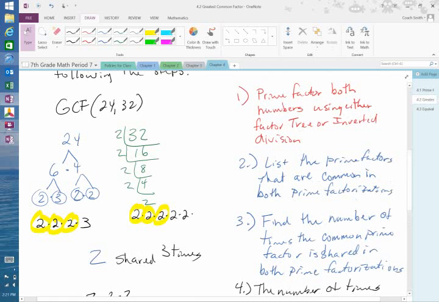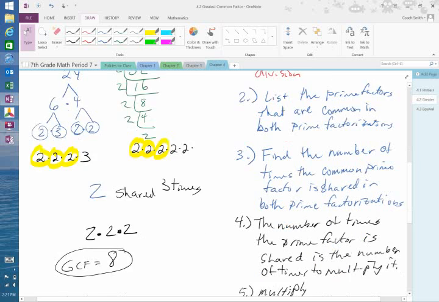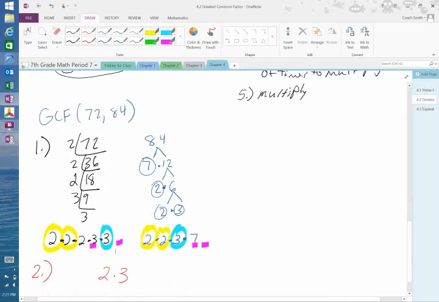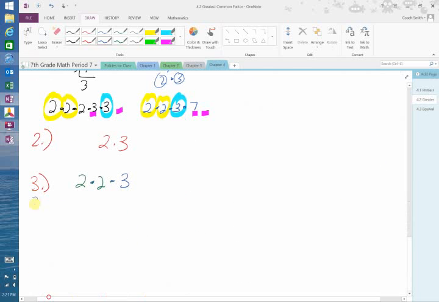Let me look at my steps again. Find the number of times the common prime factors are shared in both prime factorizations. So this is really 3 and 4 right here. Step 5, multiply. 2 times 2 is 4 times 3 is 12.